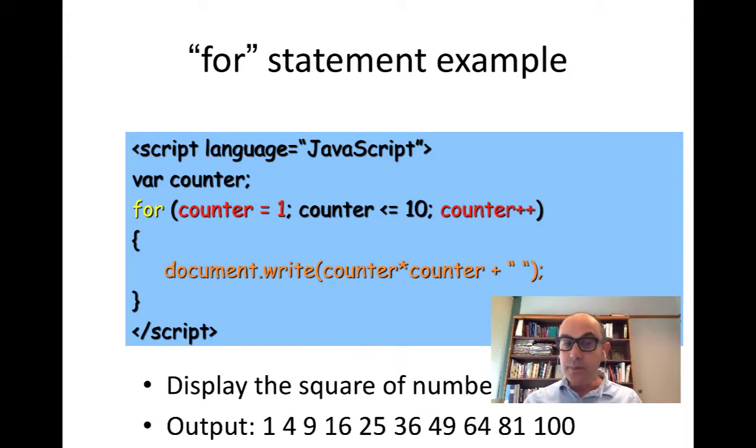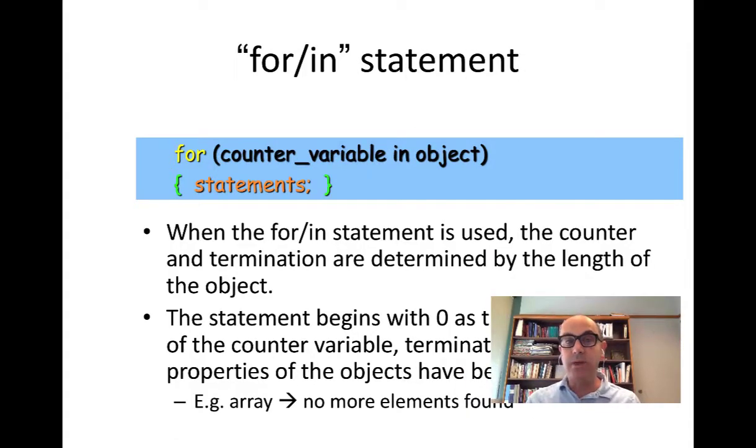So in this case, counter is 1, counter is smaller than 10, and counter plus plus. The idea here is that we are going to display a sequence of numbers that answer those conditions of the for statement. And so in this case, this is the number that we will encounter.